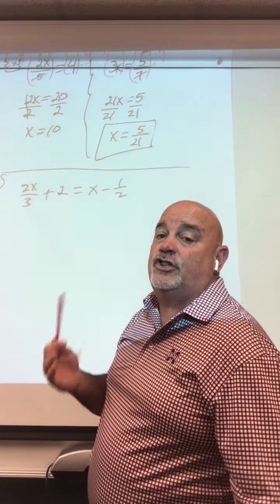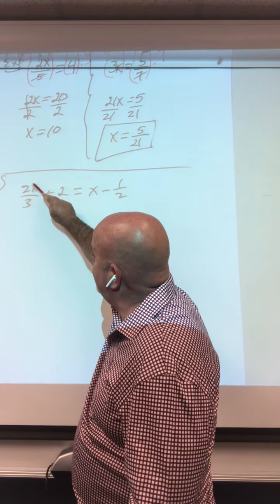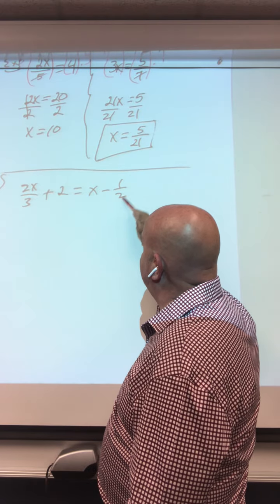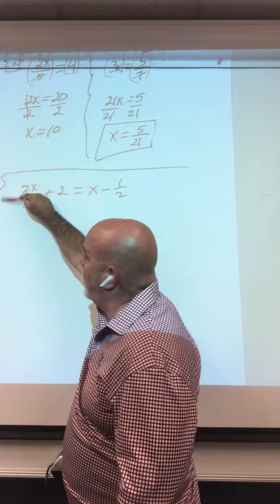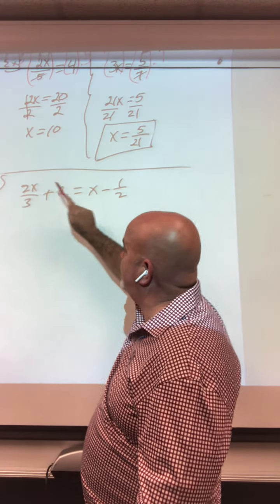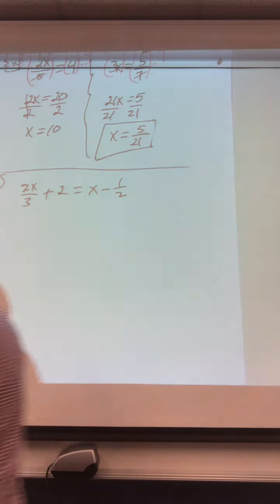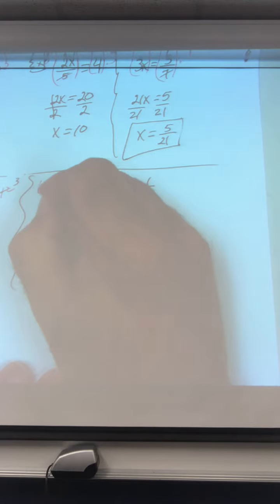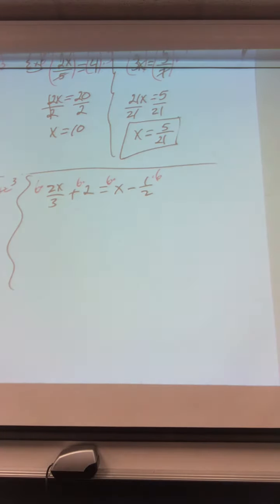That's where the word distributive property comes in. So it's going to be 6 times this, 6 times this, 6 times this, and 6 times that. So what I'm going to do, instead of putting it in parentheses and putting a 6 out front, I'm just going to put a 6 by every one of these terms because it's easier for me to look at. So let's do that. So I'm going to do 6 times this term, 6 times that term, 6 times that term, and 6 times that term.